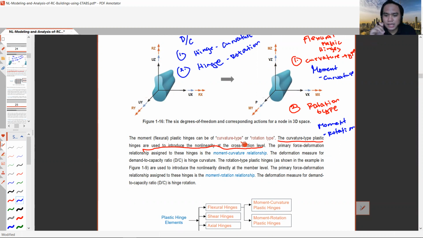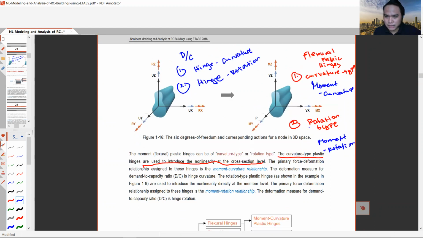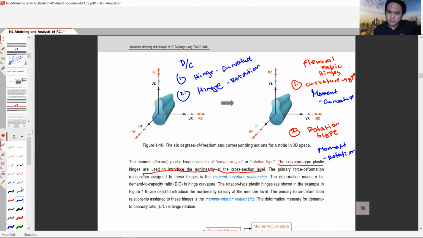We use the moment rotation relationship, or the rotation type, if the nonlinearity we introduce is at the member level. Member level is the length. We have the material, cross-section, and member level. That is also called the moment rotation relationship, and the other one is the moment curvature relationship. So the curvature type is the cross-sectional level.